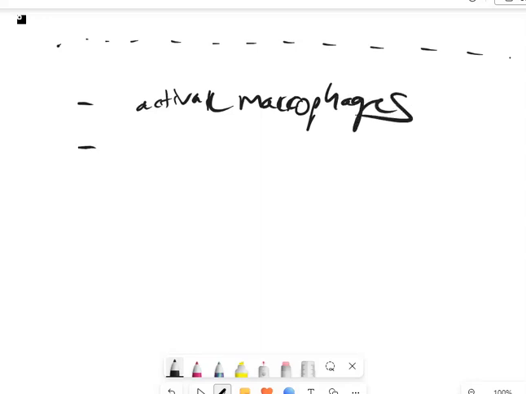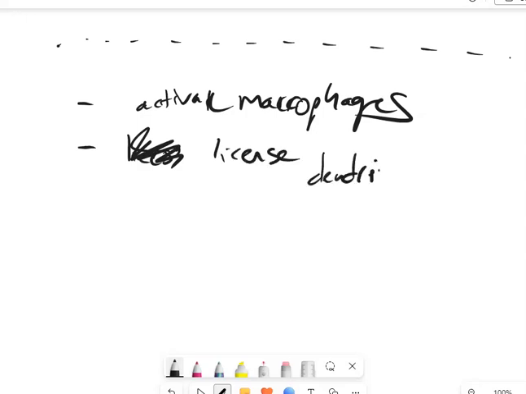Some activate macrophages. Some license dendritic cells.